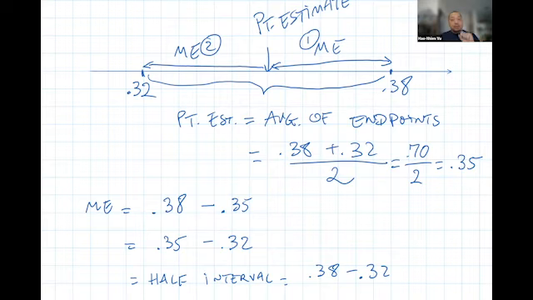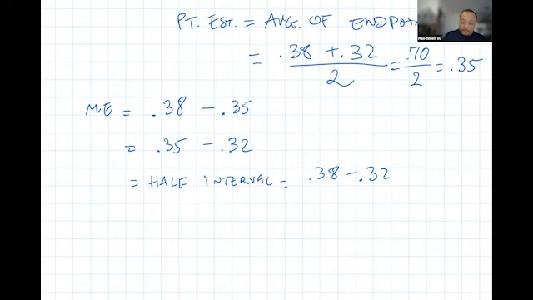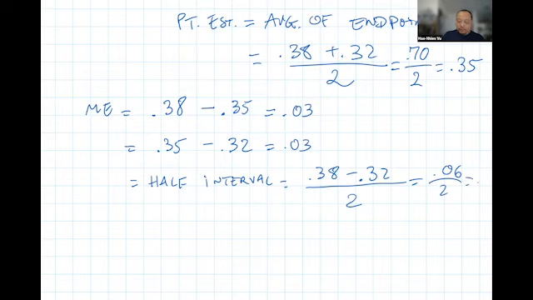That's two margins of error. If you want one margin of error, you divide by 2. If you carry each of these calculations out, you'll see that they're all the same answer. 0.03, this is 0.03, this is 0.06 divided by 2, which is also 0.03. So 3 different ways of finding the margin of error, knowing the interval.